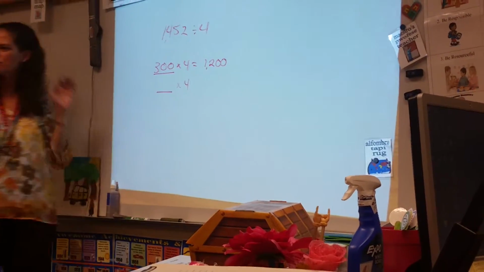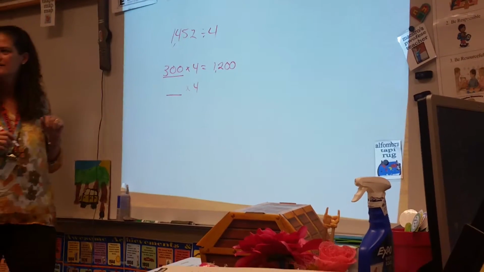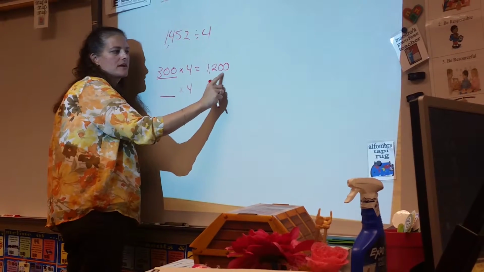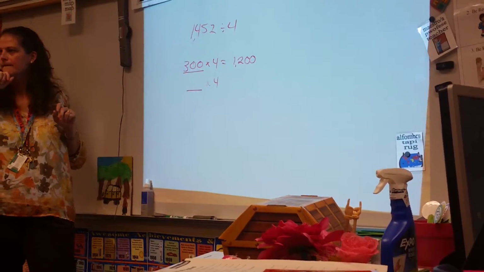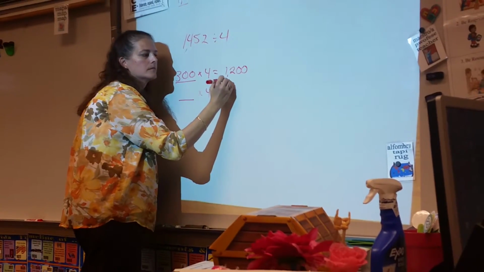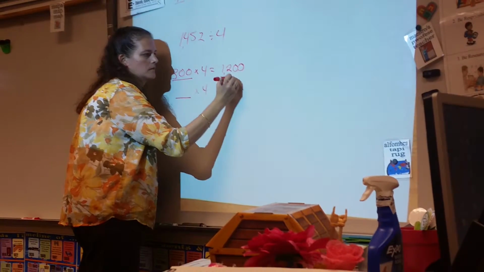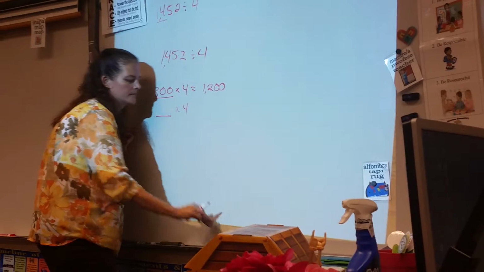No? Because that would be 400, and 400 plus 1,200 is how much? 1,600. It would be 1,600, which is way over where we want to go, right?